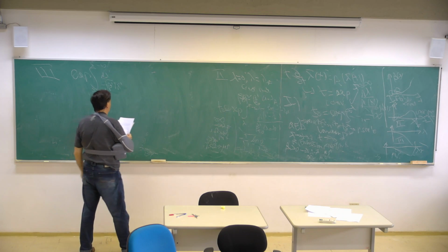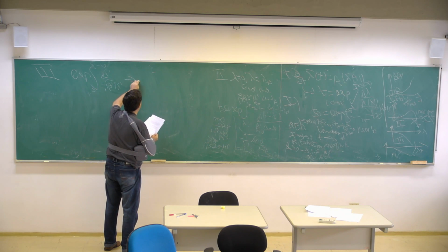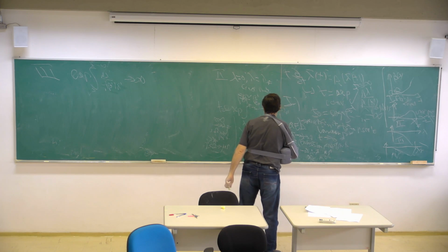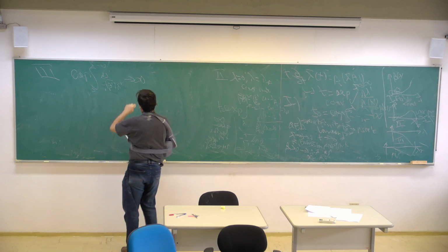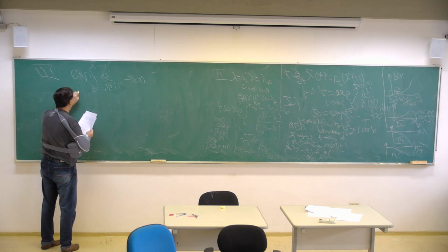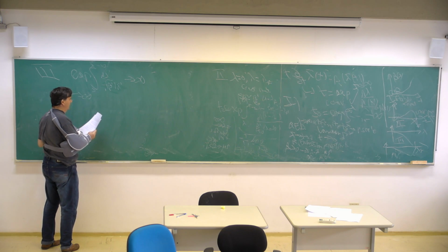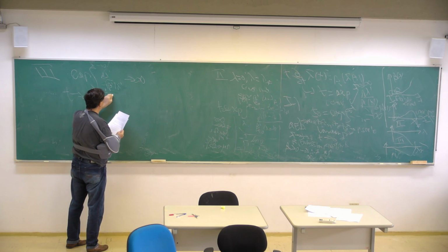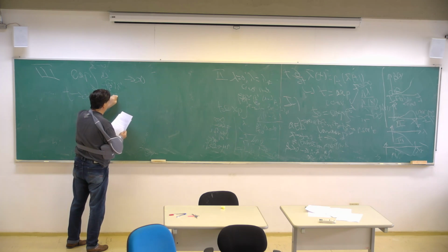As I explained here, this goes to infinity. So it means that when t goes to infinity in the UV, then lambda bar of t goes to 0.